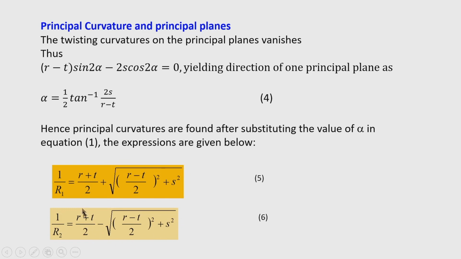So, two principal curvatures are found, and one of the principal planes contains this curvature and another principal plane will be orthogonal to this plane and will contain the other principal curvature, and there will be no twist curvature in the principal planes.